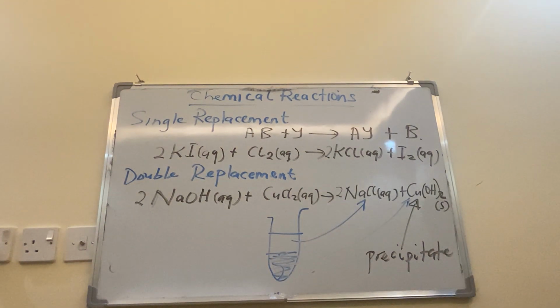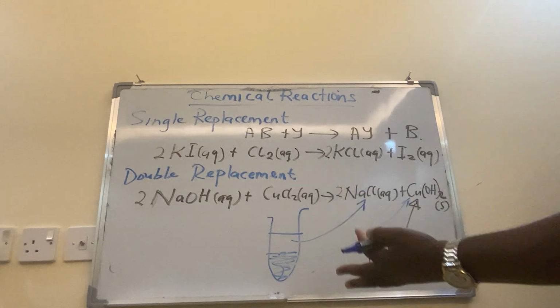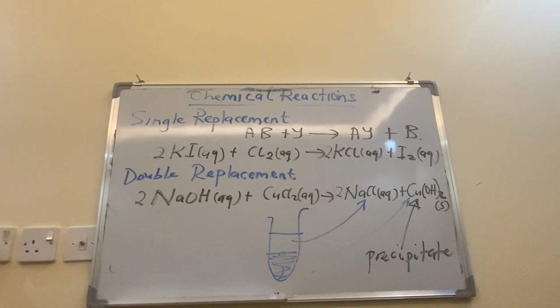We can actually separate them using filtration, because the sodium chloride is aqueous. It goes through the filter paper, and the copper hydroxide will be trapped by the filter paper, and then we can dry it slowly, and we can then get our copper hydroxide.